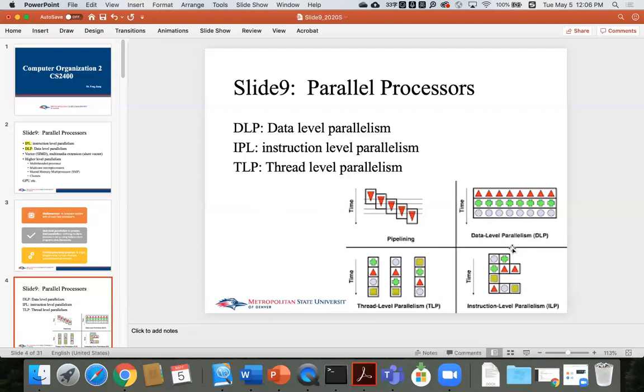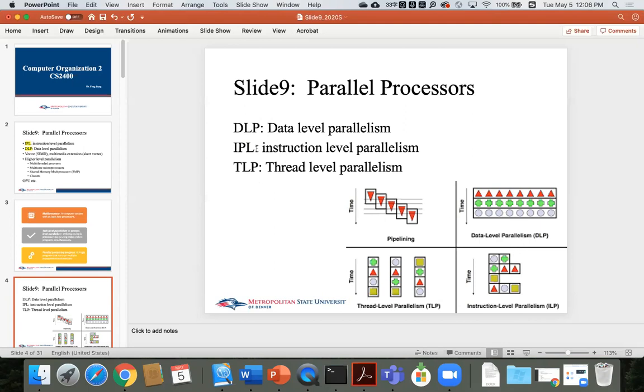It's not necessarily that we divide each instruction into a few different stages, but we could divide a piece of program into separate pieces, and perform the different pieces at the same time. There are also different types of thread level parallelism, such as coarse-grained multithreading or fine-grained multithreading. We'll talk about those examples in this slide.